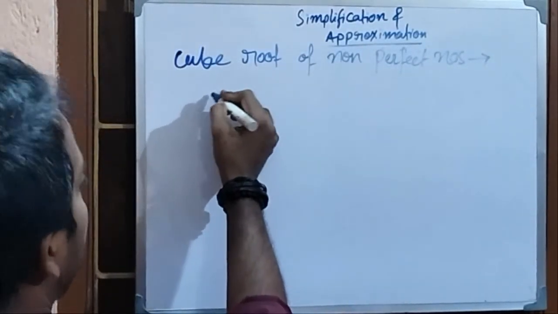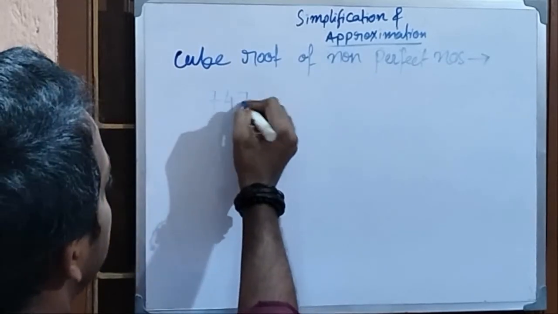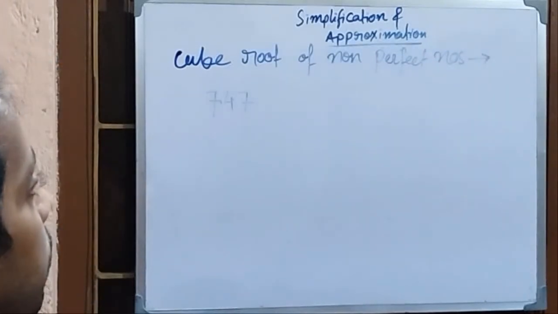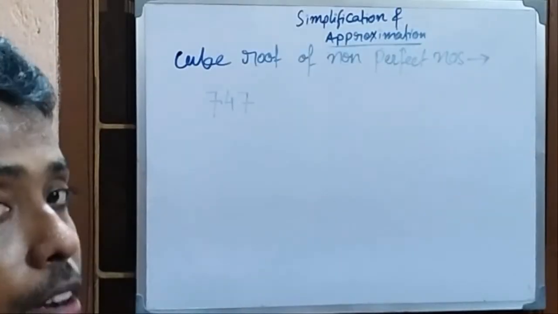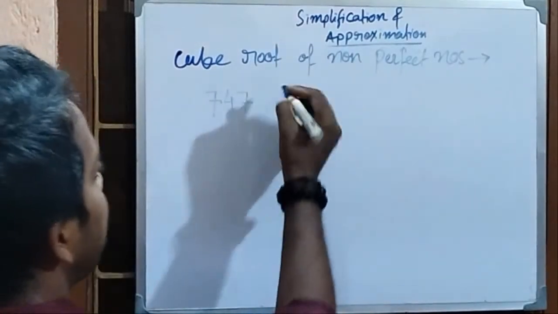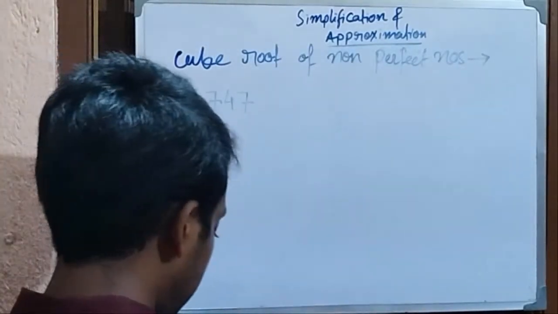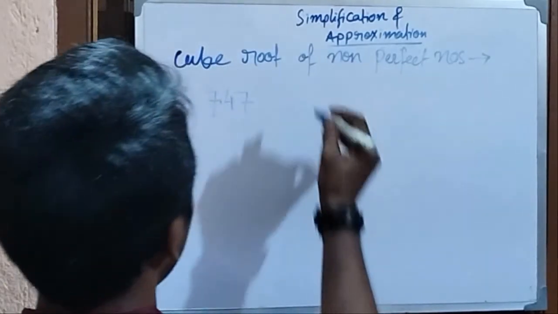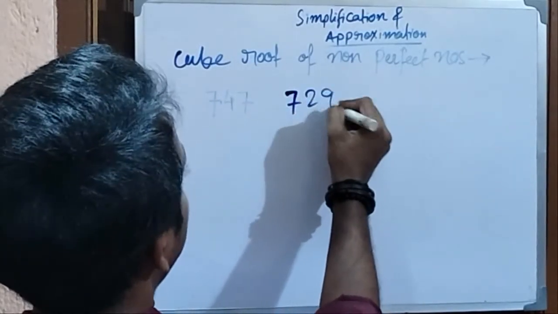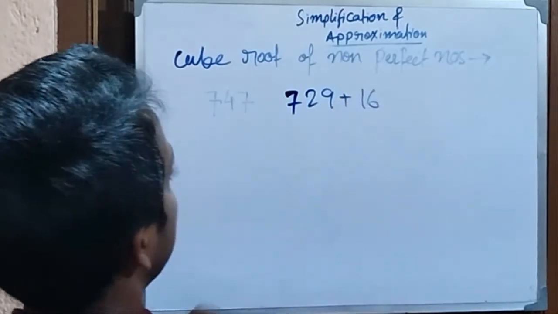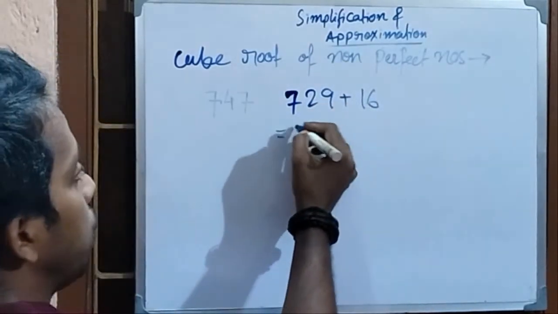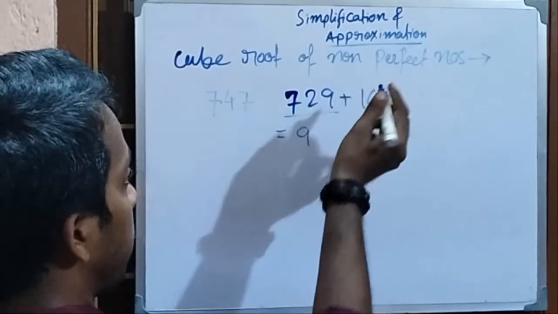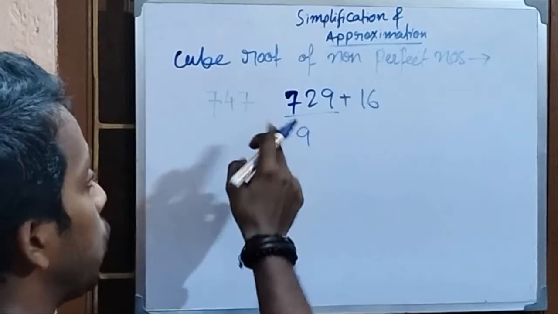The number, okay, I am taking 747. This is something bigger than the actual cube number which I am thinking right now. This is close to 729 and 16 more than this, right? 729 is exactly the number whose cube root is 9.